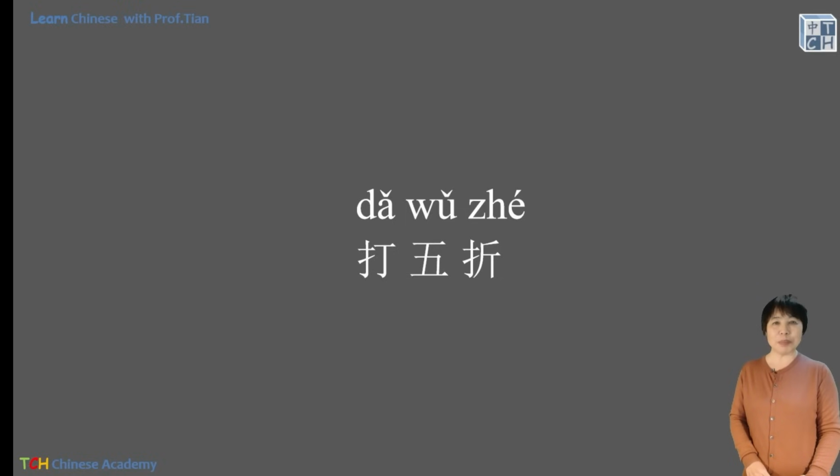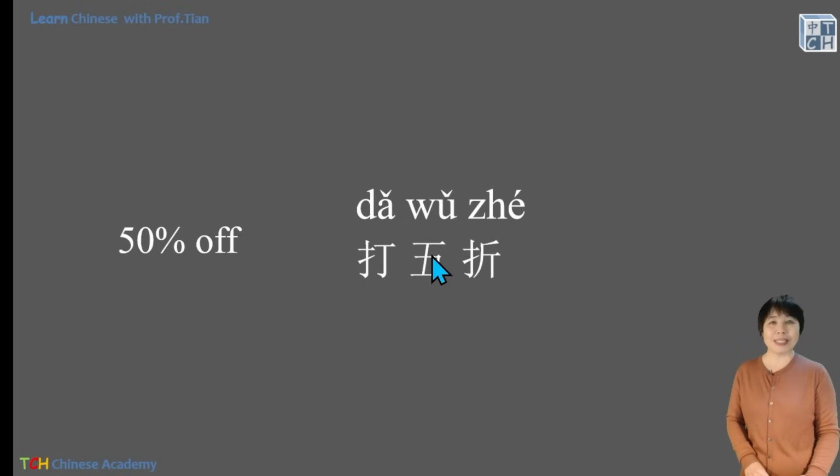And then in between, we can just insert the percentage. So here is 5, actually we are referring to 50. So 打五折 means 50% off. And I think Chinese and English are the same here because it's half and half.